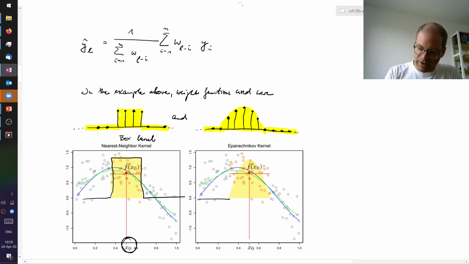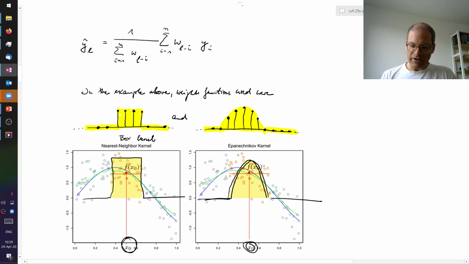And this is the truncated parabola, the Epanechnikov kernel, also centered around my location of interest x0. These are the weight functions, and then we weight all these observations in the vicinity. For example, here everything inside this interval gets a weight of 1, and everything outside the interval gets a weight of 0, if we use the box function.